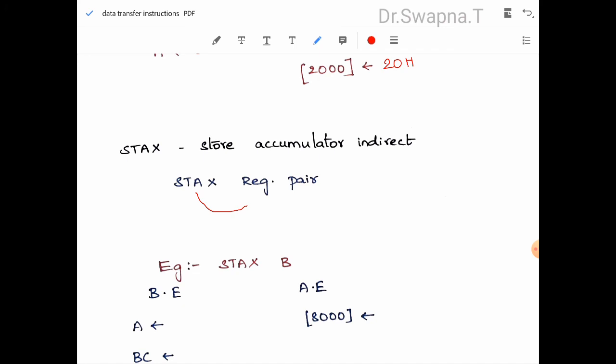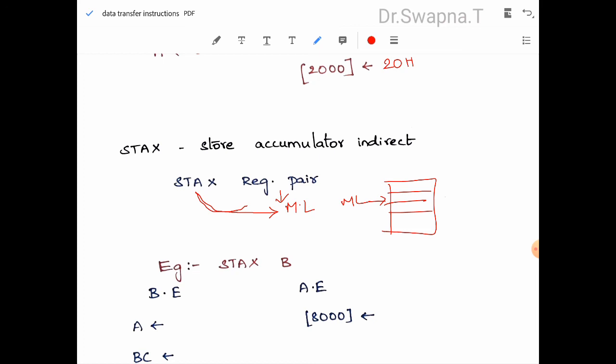Now the register pair is going to have a memory location address. So the content of the accumulator is copied into the memory location whose address is given in the register pair, and the register pair can be any pair, BC, DE or HL.